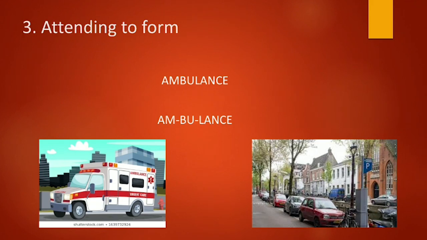There's an ambulance in the first picture, and in the second picture there is no ambulance. And then the children pick where is ambulance? Is it in the first picture or is it in the second picture? So that the children can know the clear image of ambulance.